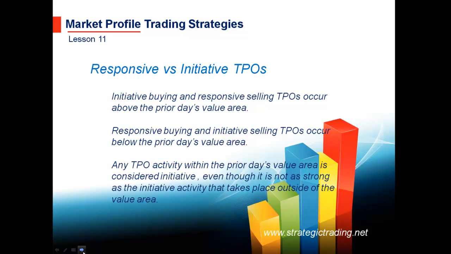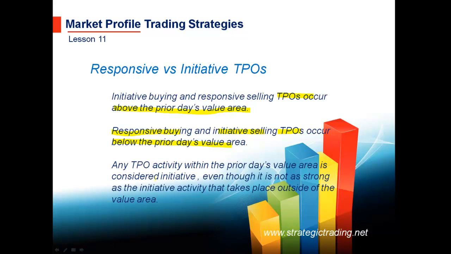Initiative buying and responsive selling TPOs occur above the prior day's value area. This is important to note and understand. And responsive buying and initiative selling TPOs occur below the prior day's value area.